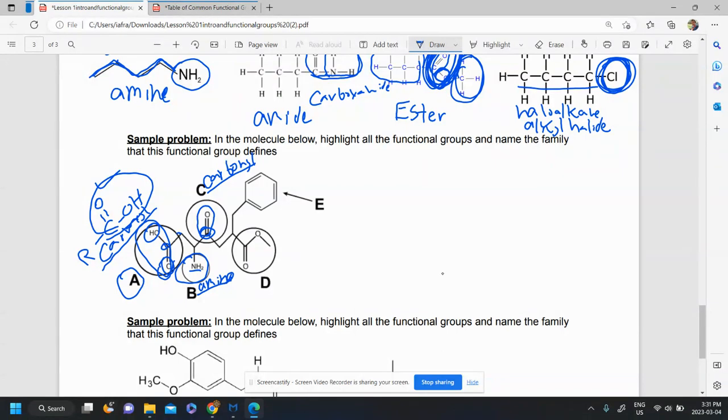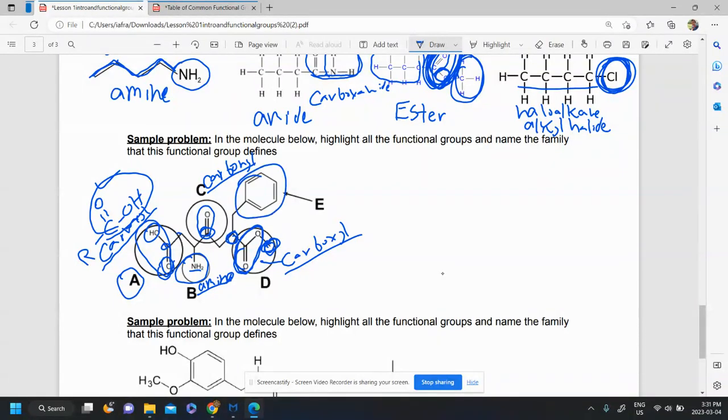Let's go to D. D over here looks like a carboxyl group at first glance, but then there's a little point over here, and that's a carbon group. So we have a carboxyl group connecting a carbon group here, and then on this side technically as well. So that means this would be carboxyl again, but in this situation, it would make you an ester because you have carbon chains on both sides.